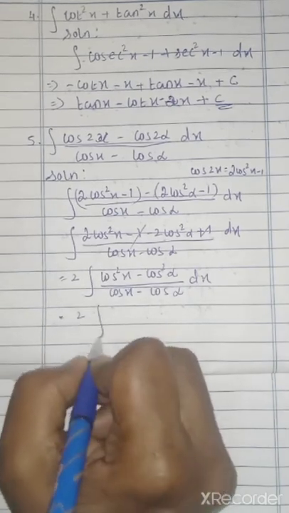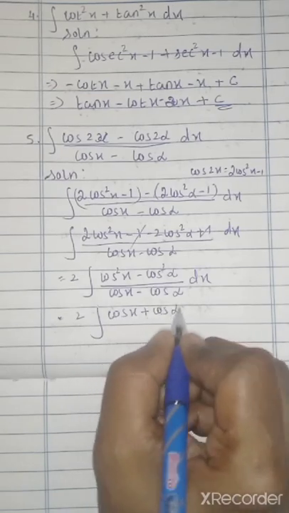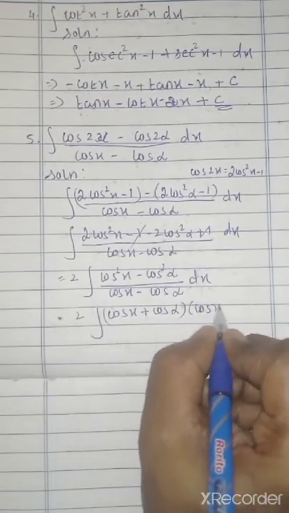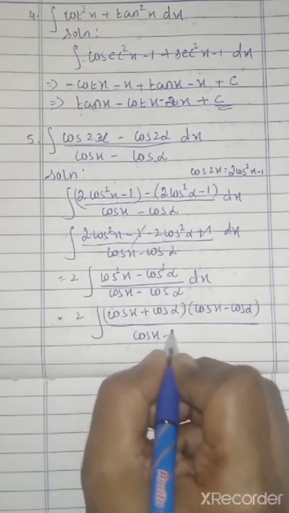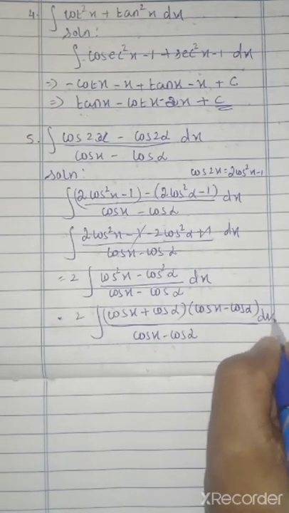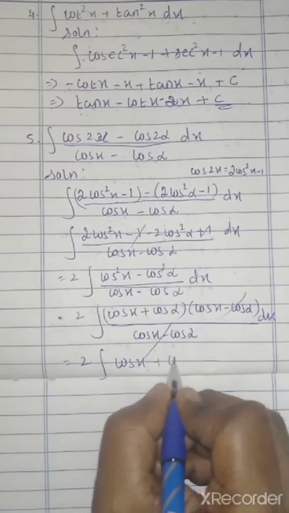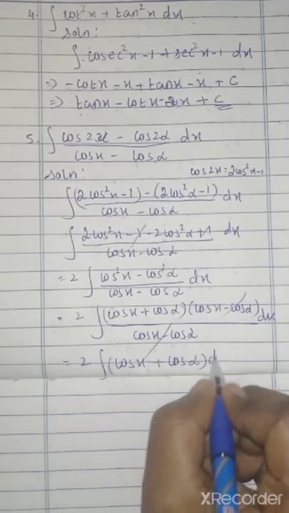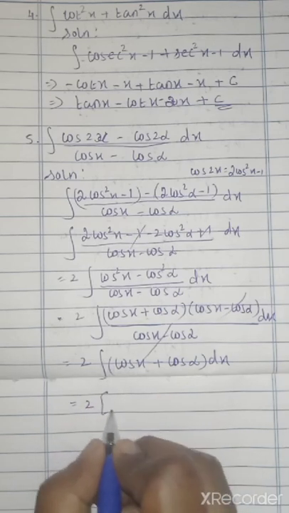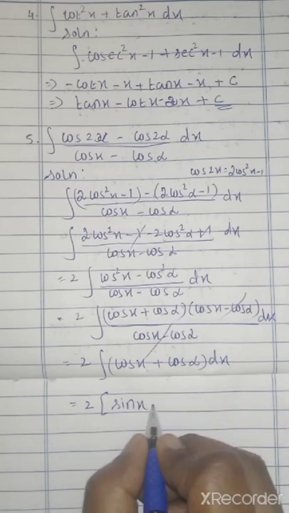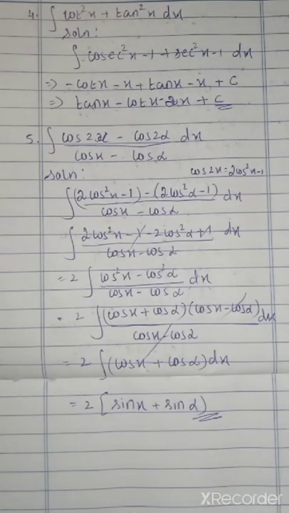Okay, so a square minus b square is a plus b into a minus b divided by denominator cos x minus cos alpha dx. So this will get cancelled. 2 integral cos x plus cos alpha into dx. Now integration of cos x is sin x. Integration of cos alpha is sin alpha. This is your final answer.